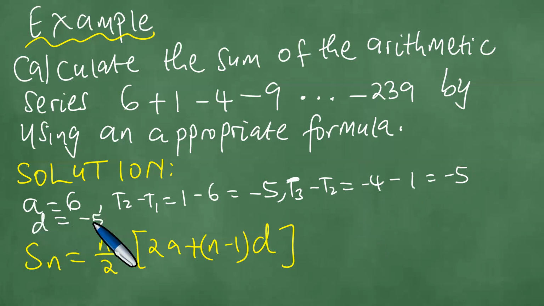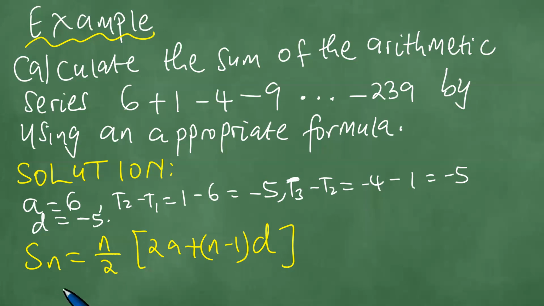D is minus 5. So you know D and you know A, but you don't know the number of terms. To find the sum, you must also know the number of terms. You don't know, so we must find the number of terms.